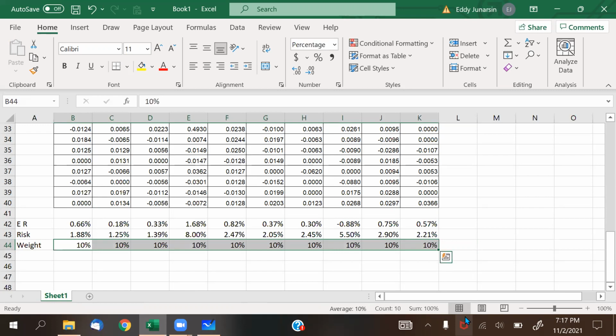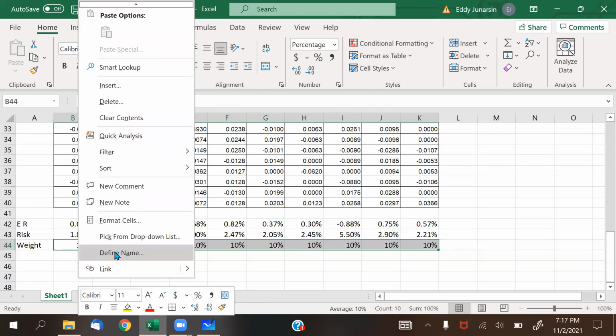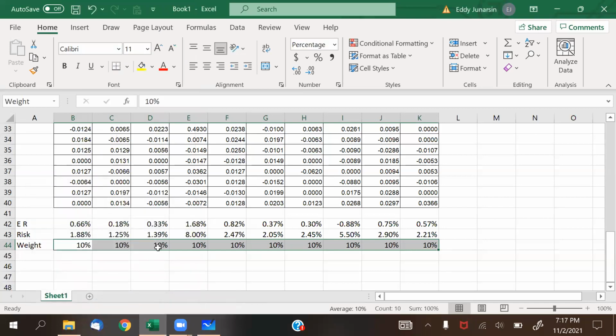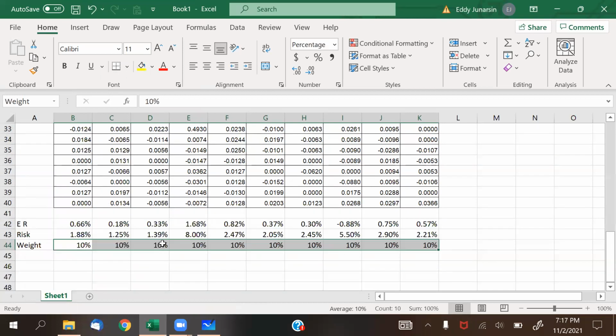So we'll give the name, maybe weight. Yeah, just weight. So we have got expected returns for all the stocks, risks of all the stocks, and the proportions of their weights.